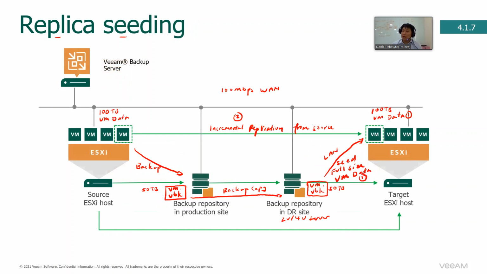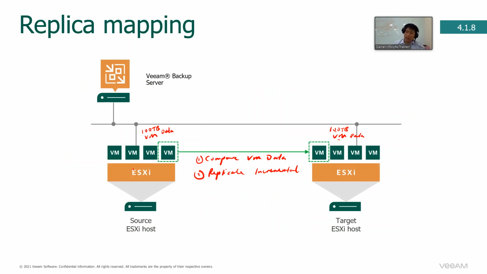The full size data is already sitting in your DR equipment, based on either utilizing a Vim backup file, or you already have the data written in the DR side. I will be using the source to replicate the incremental changes. So this is using replica seeding or replica mapping.